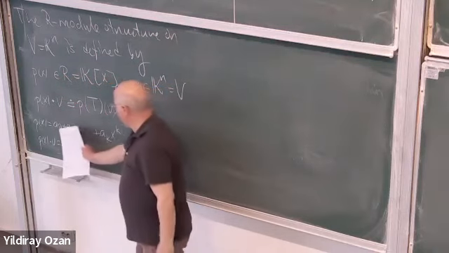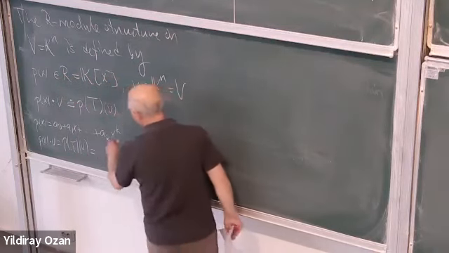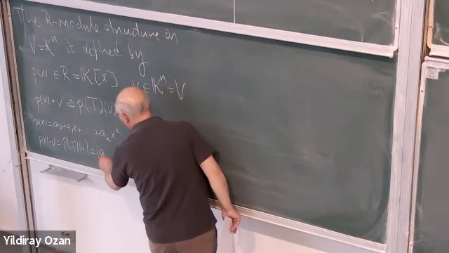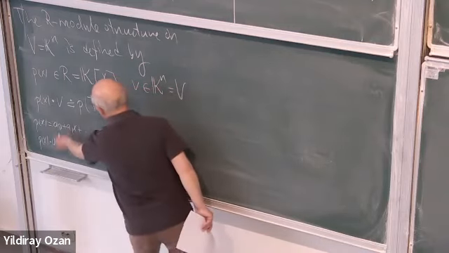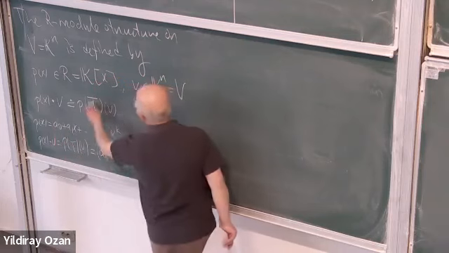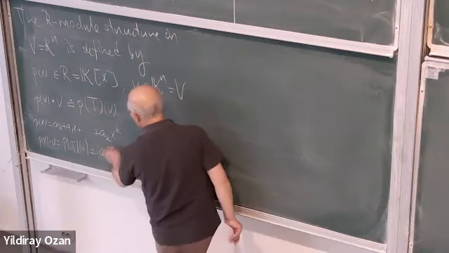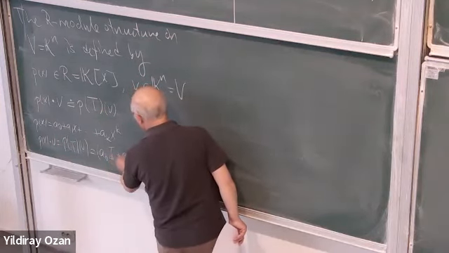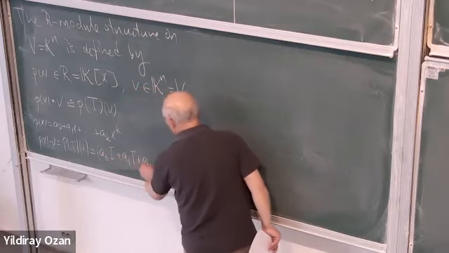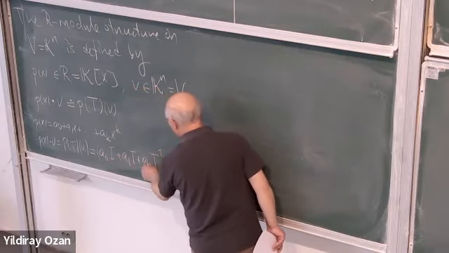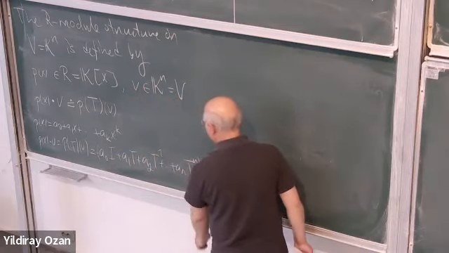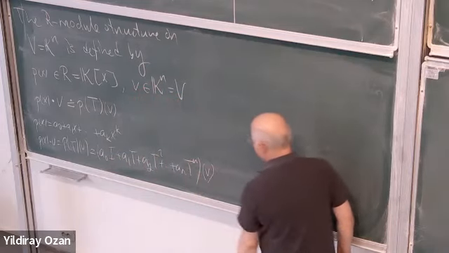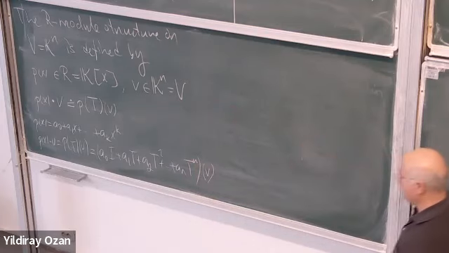Instead of x, I write just T. So a_0 times, here 1 will mean the identity map, and then a_1 T plus a_2 T squared, and so on, plus a_n T to the power n, and all these apply to the vector v.